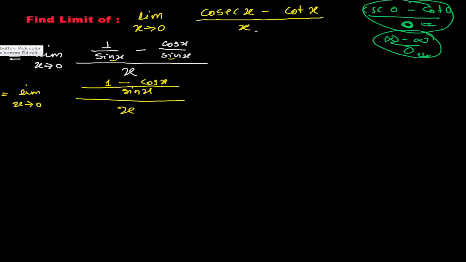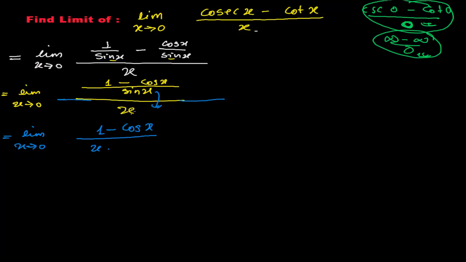Now in the next step, limit x tends to 0, we have 1 minus cos x, and this sin x I can bring downstairs in the denominator. So it is now 1 minus cos x whole divided by x times sin x, which is coming downstairs now.